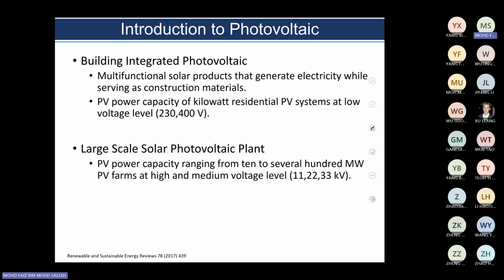Okay, just some information. I think you all know photovoltaic can be applied as integrated with the building. Malaysia is not widely using it yet, but you can see some houses that have solar panels on the rooftop. In Malaysia, we currently already have quite a number of solar farms. We also have floating solar farms on the water surface.